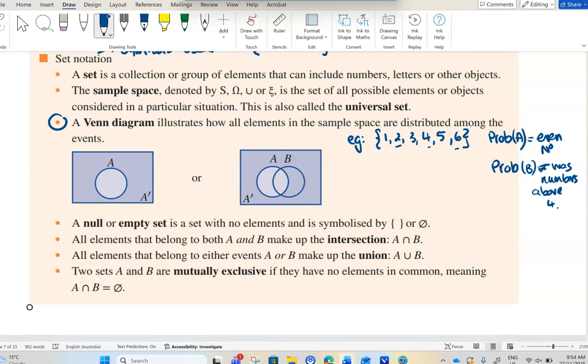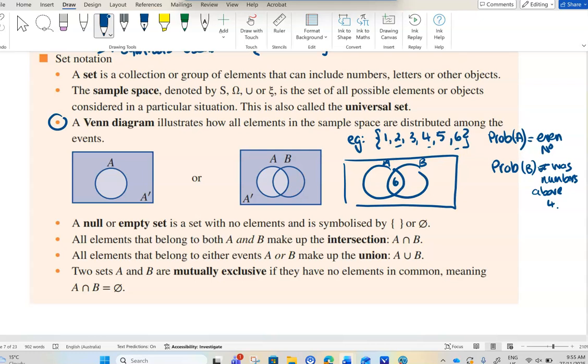Here's A and here's B. Now, A could be 2, 4, and 6, but B could be 5 and 6. Which one are they both in? It could be, I get a 6. So 6 goes in the double area.